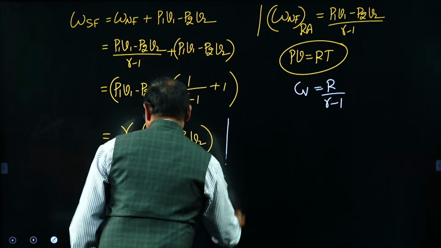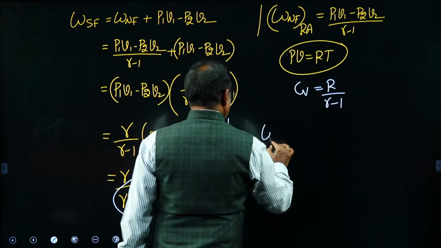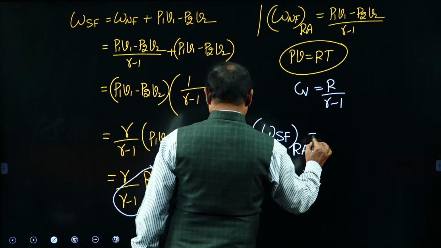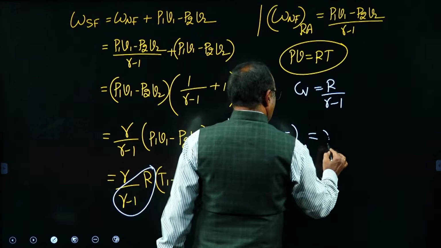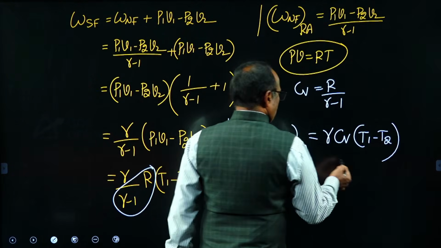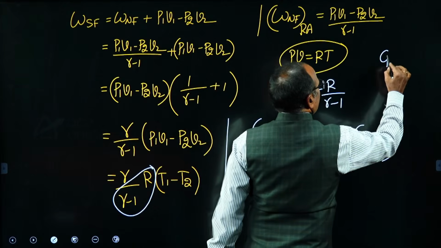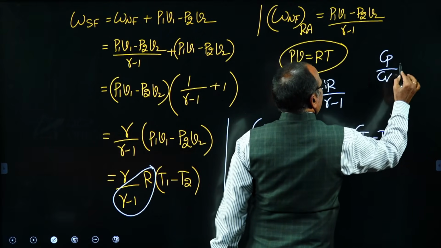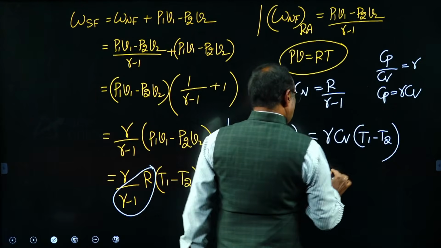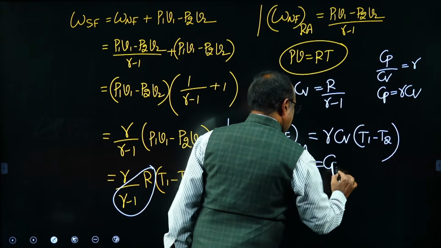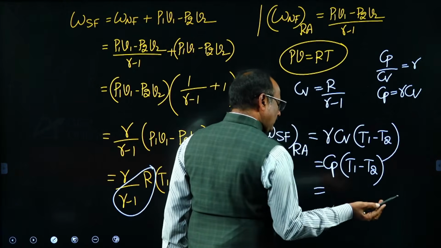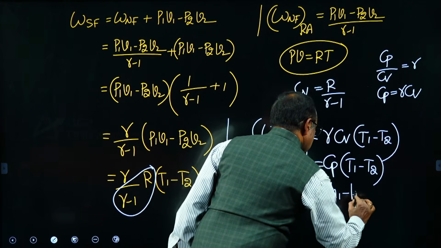Then this steady flow reversible adiabatic work equals gamma Cv into T1 minus T2. You know, Cp by Cv equals gamma, so Cp equals gamma Cv. So in place of gamma Cv you can write Cp (T1 minus T2), which can also be written as H1 minus H2.